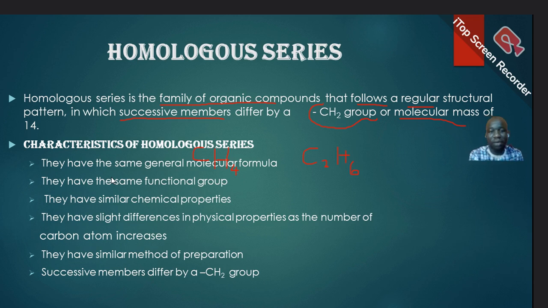They have a similar method of preparation; we prepare them almost the same way. And the successive members differ by a CH2 group. So these are the characteristics of compounds that belong to the same homologous series.